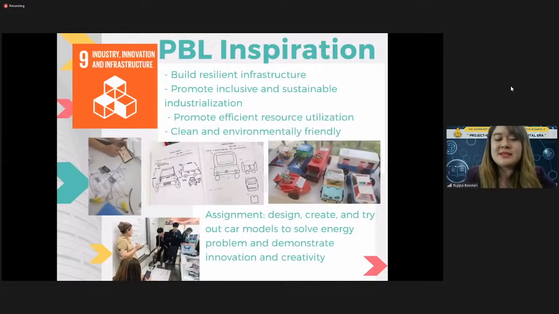Students are given an assignment to design, to create, and to try out their own car models that can really commute, and to solve the problem of energy scarcity in the near future. This is truly a project-based learning that encourages students to be innovative and creative.